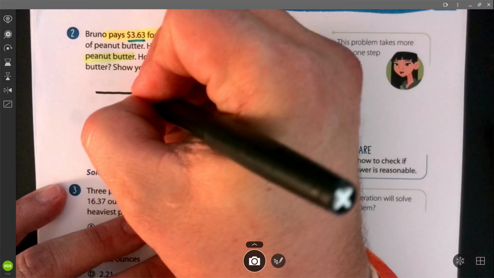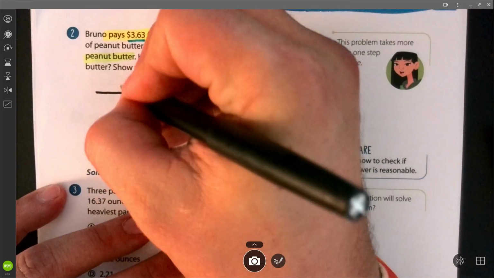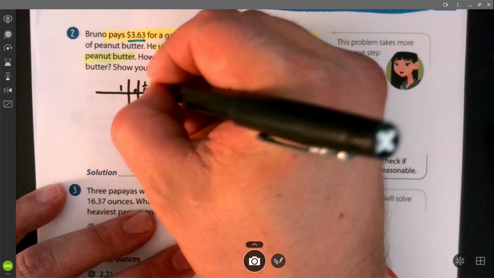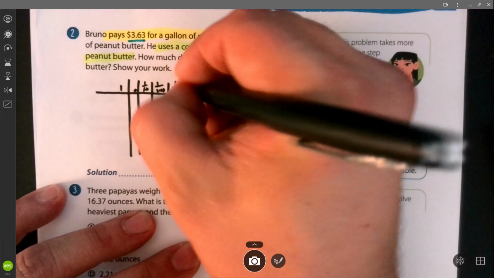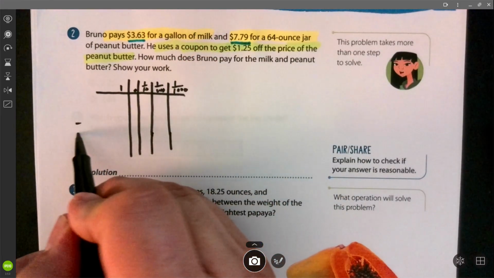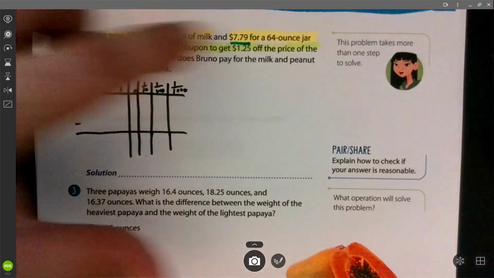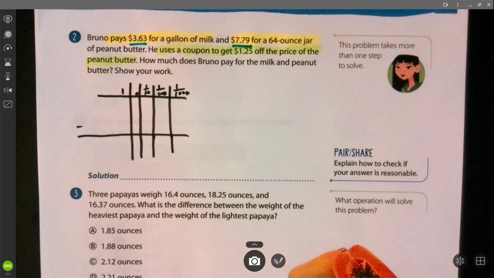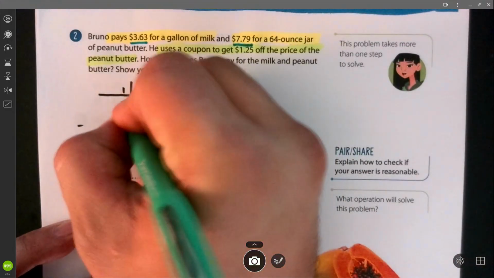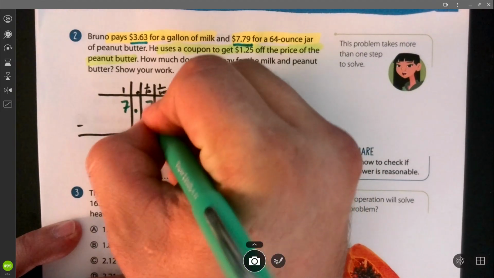I'm gonna start by subtracting the coupon value away from the jar of peanut butter, and then I'll add the discounted jar of peanut butter to the gallon of milk. I guess you definitely could add these two and then subtract away the coupon. That's definitely okay as well. But I'm going to do it like this because that's just how I'm feeling right now.